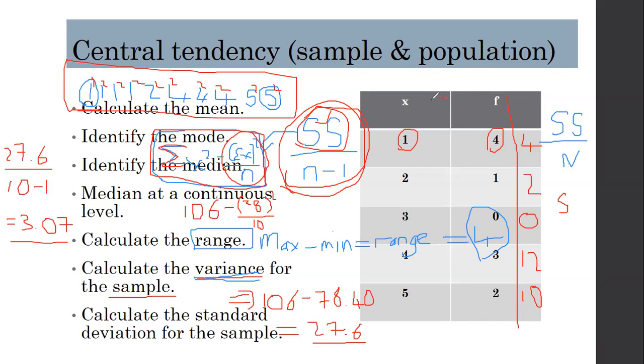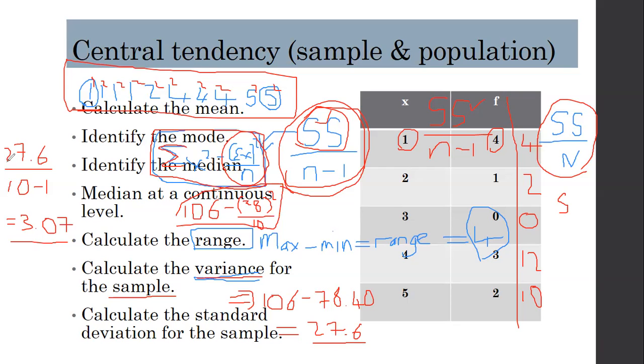So the variance formula is this for a sample, and for a population it is this one. We cannot proceed without first calculating the sum of squares. So the formula for this is this one.